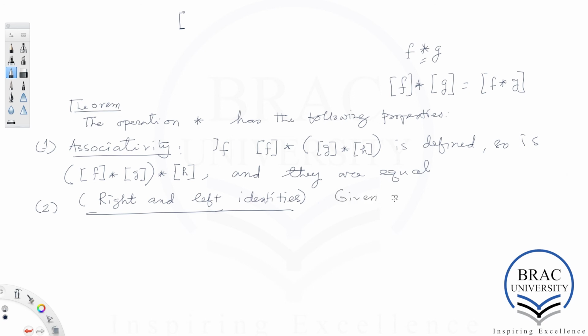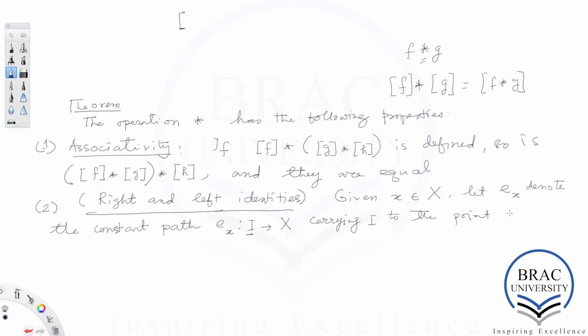Given a point x in the topological space X, let e sub x denote the constant path e sub x from I to the topological space X, carrying all of I to the point x in X. That's why you have sub x, and it means that all of I is being carried to this single point of big X.